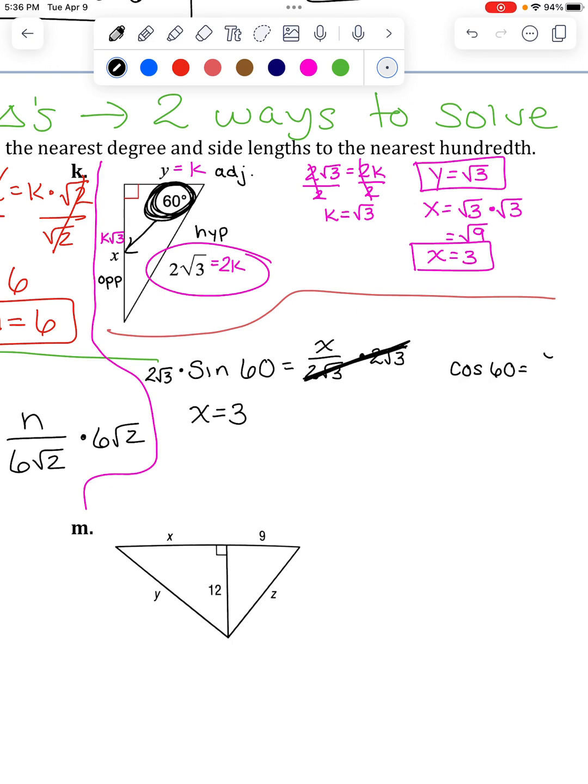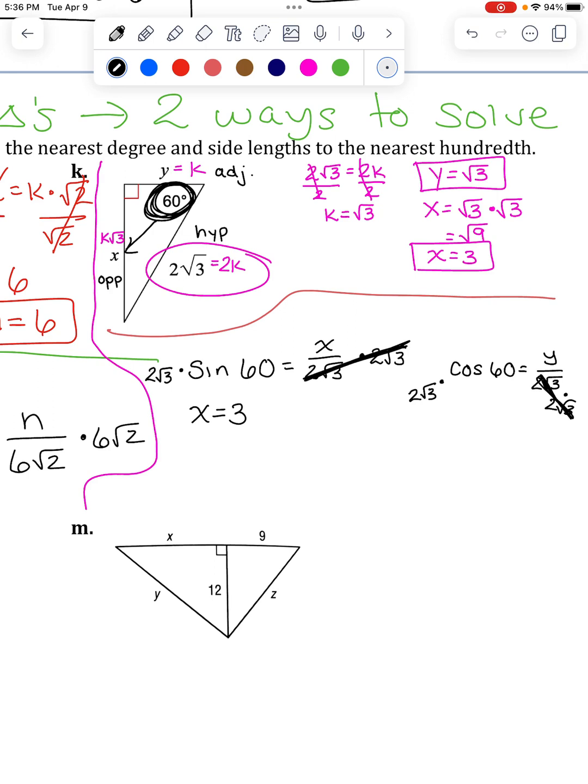I would have then solved for y, which would have given me cosine of the 60 degrees equal to y over the 2 square roots of 3. I would have multiplied both sides by the 2 root 3 because the variable is in the fraction.